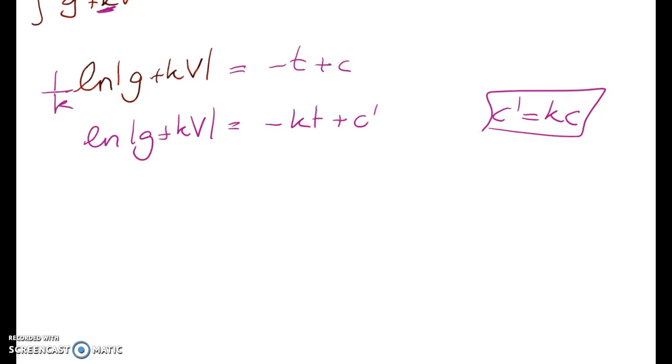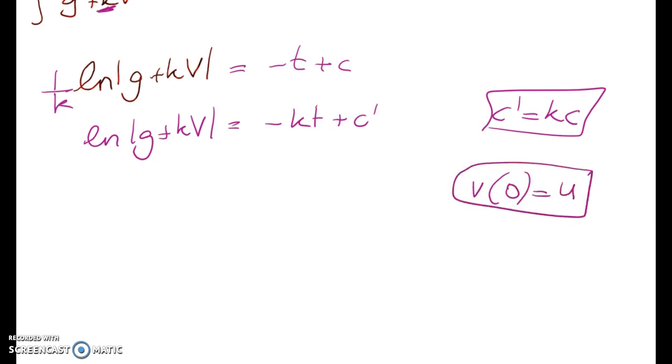At different points, you can choose to substitute in that V0 is equal to u. When we did the A-level paper, we did that quite early. I'm going to show you a slightly different approach today, but you can't really go wrong from here as long as you're substituting in well. I'm going to do the e to both sides thing now. So g plus kv is equal to e to the negative kt plus c dash.